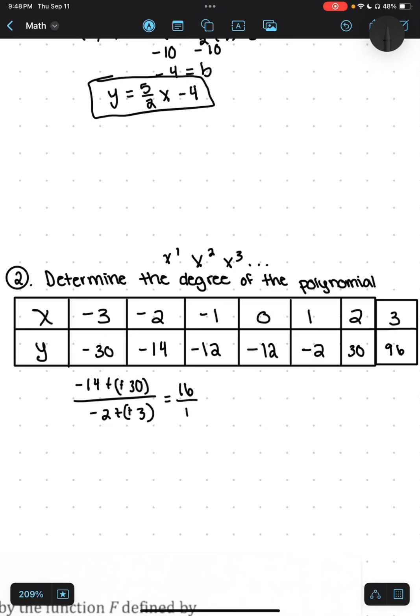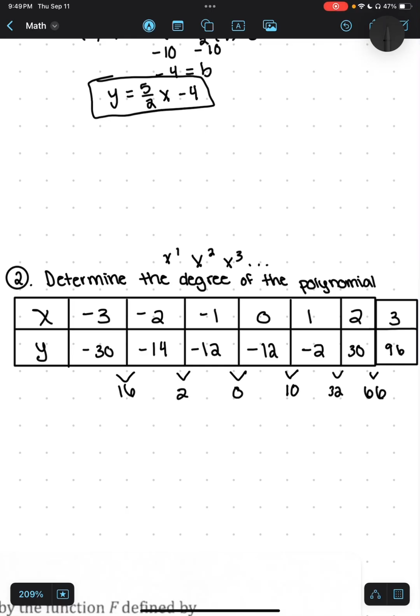And then we keep going for all of them. If all of them had been the same, like if the rate of change was the same for this first line, it would have been linear, so that means to the power of 1. But they're not. So we have to keep going and find the rate of change of the rate of change.